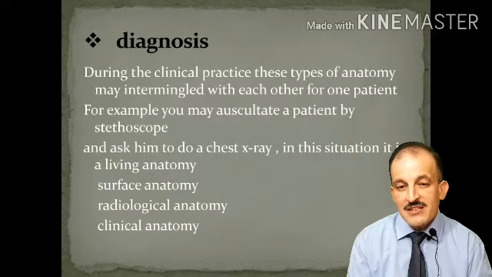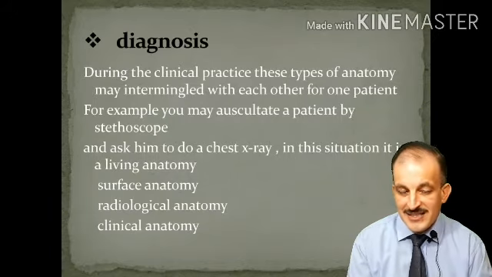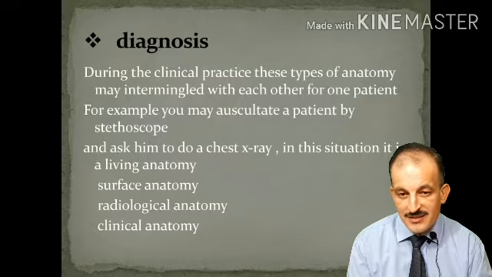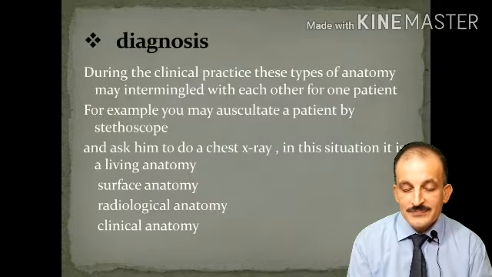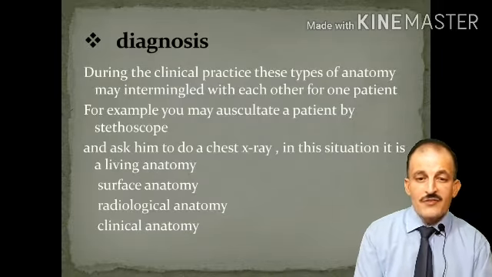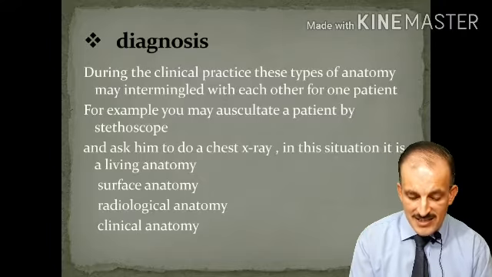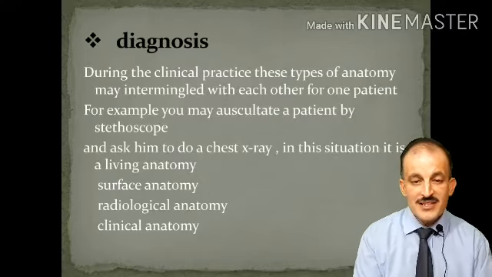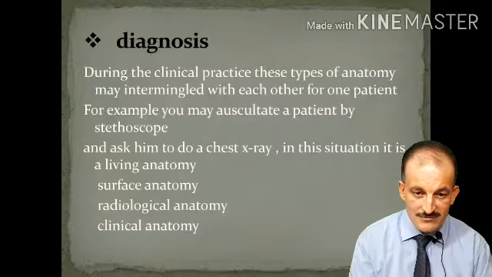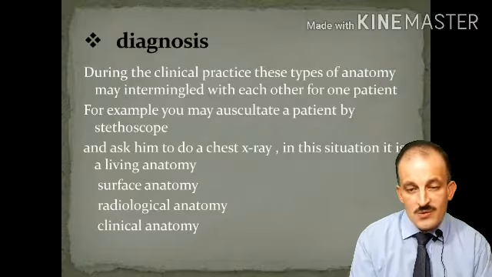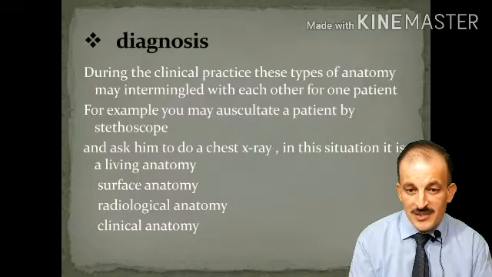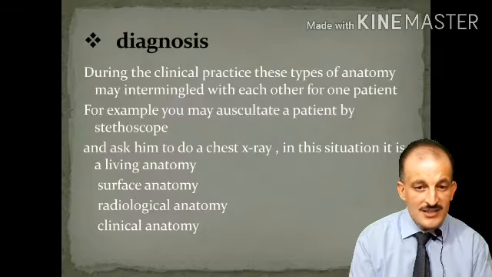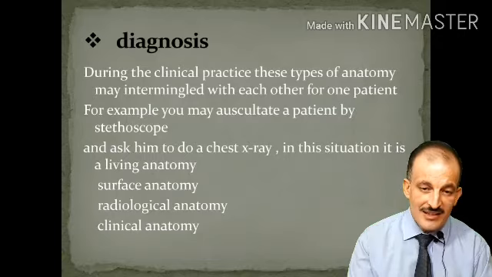Suppose you receive a patient after a car accident: you must inspect him first, palpate the sites of injury, and send him for further radiological exams by X-ray, ultrasound, etc. So the types of anatomy used in this situation are living anatomy, surface anatomy, radiological anatomy, and clinical anatomy.